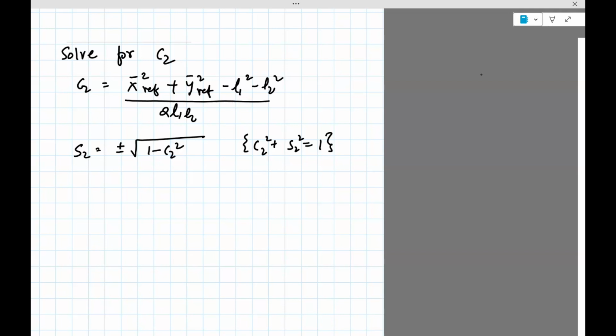There's a case where you could get one solution, a case where you get two solutions, three solutions, and a case where you get no solutions. The easiest example of no solution is if you try to do the inverse kinematics when the point you define is out of the reachable space.